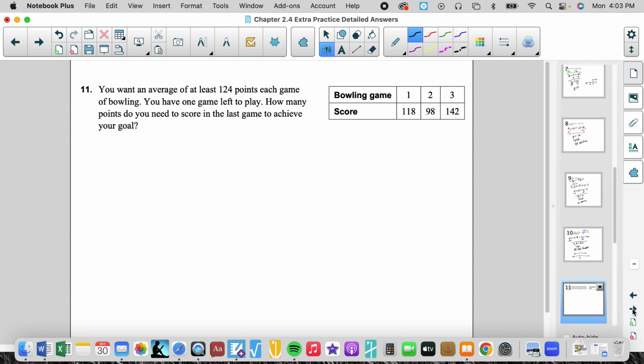All right. You want an average of at least 124 points each game of bowling. You have one game left to play. How many points do you need to score the last game to achieve your goal? So I want an average of 124. So this has to be greater than, and it is going to be 118 plus 98 plus 142 plus my mystery game.